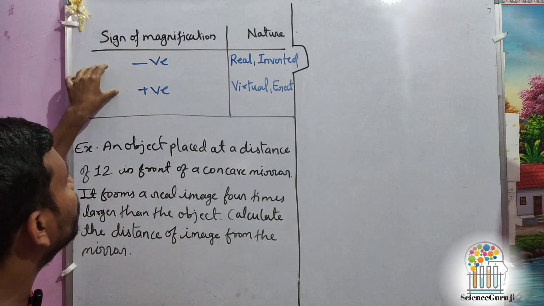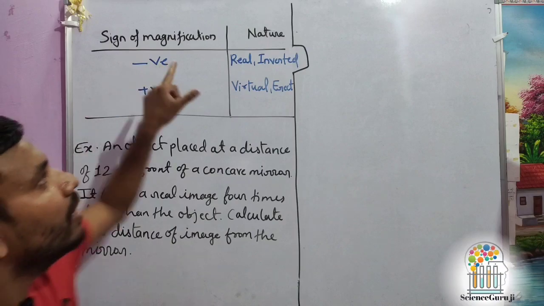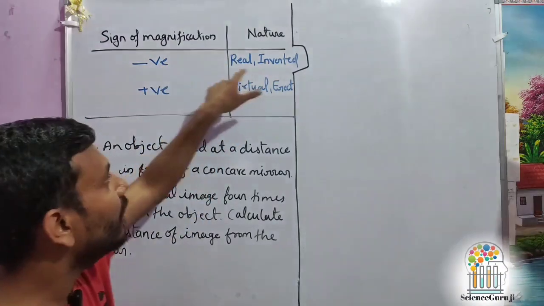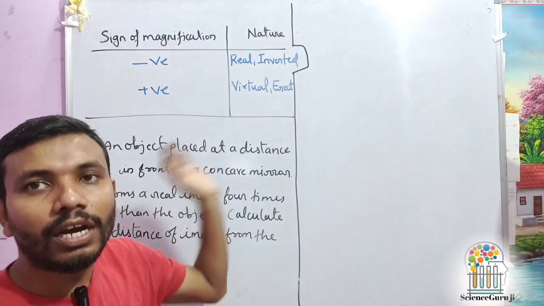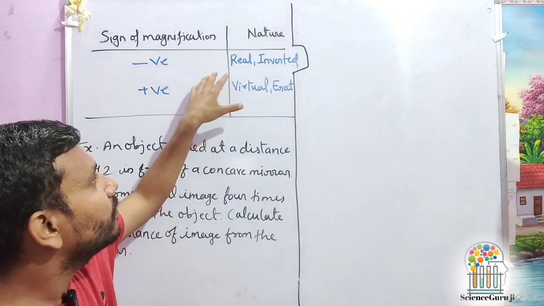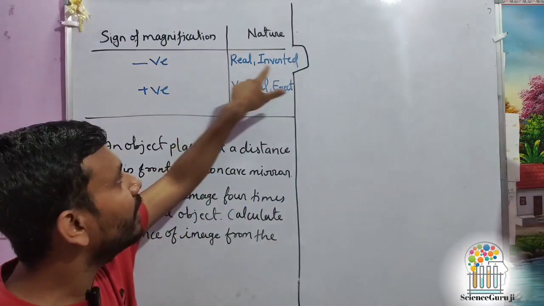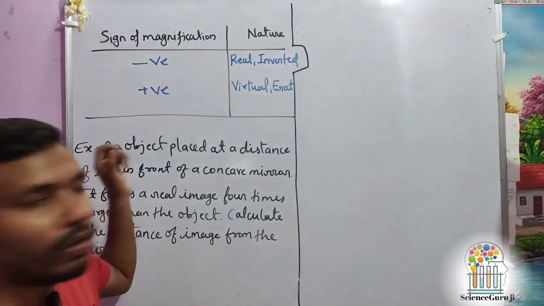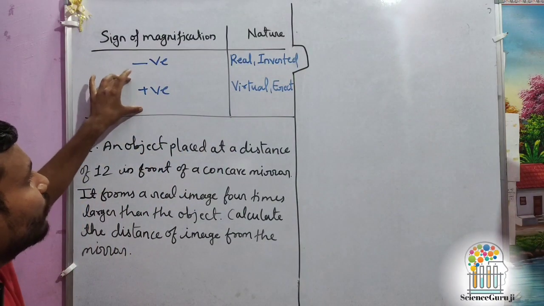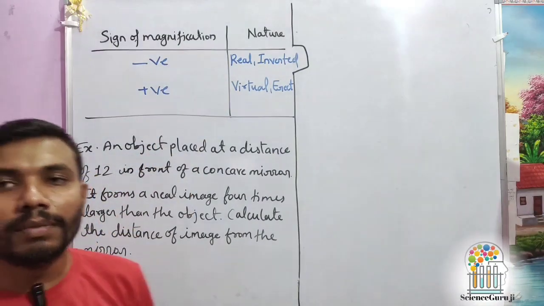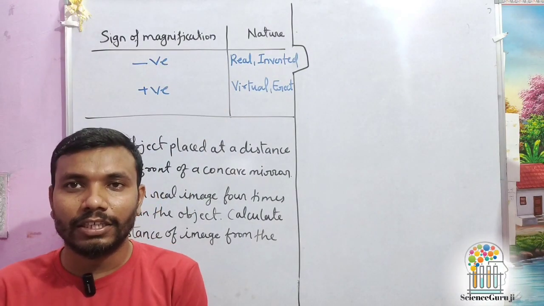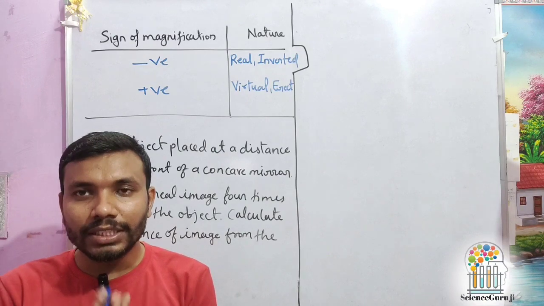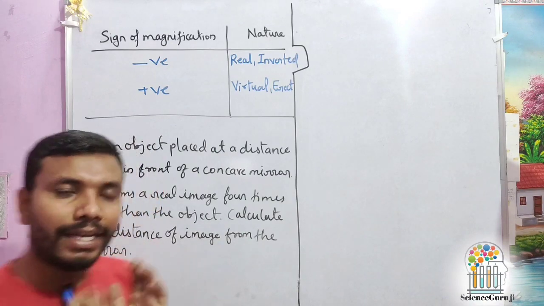If the magnification sign is negative, then the nature of image is real and inverted. Or we can say that if the image formed is real and inverted, then the sign must be negative. And if the sign is positive, then the nature of image is virtual and erect. Let's understand how to use this by an example.